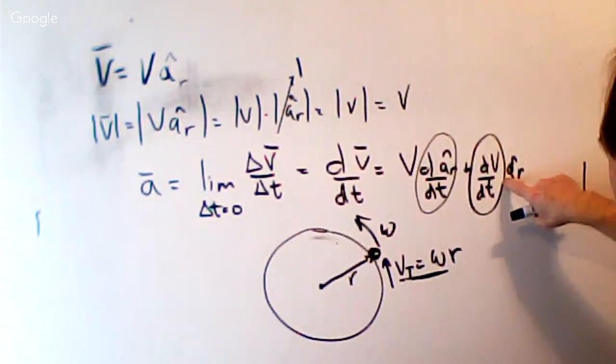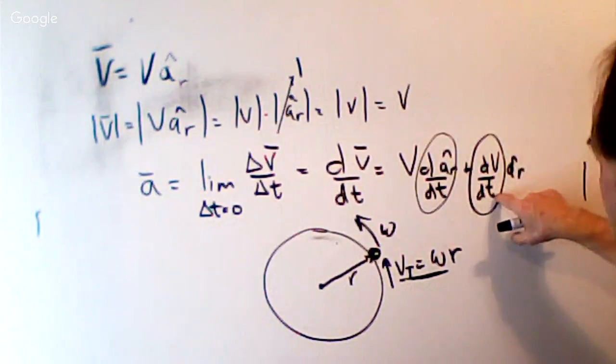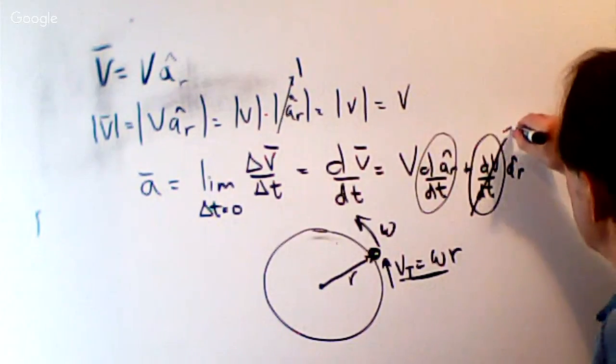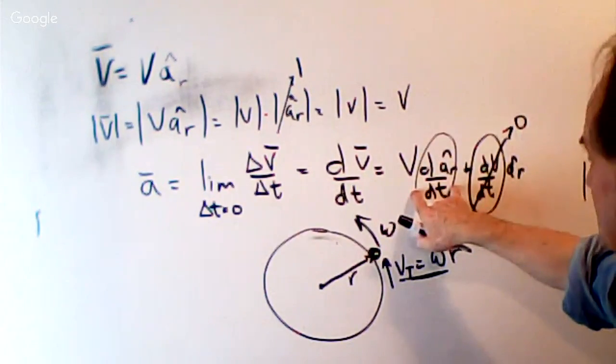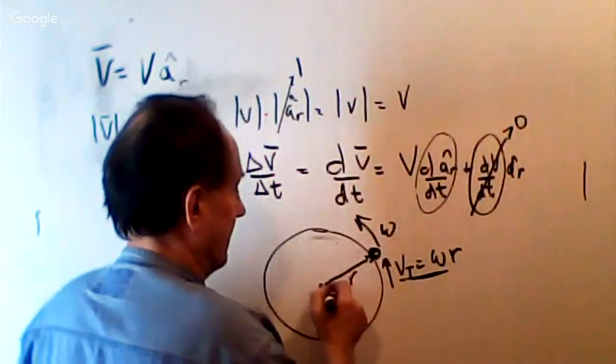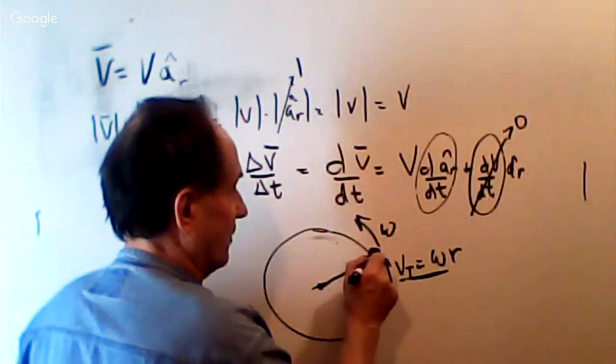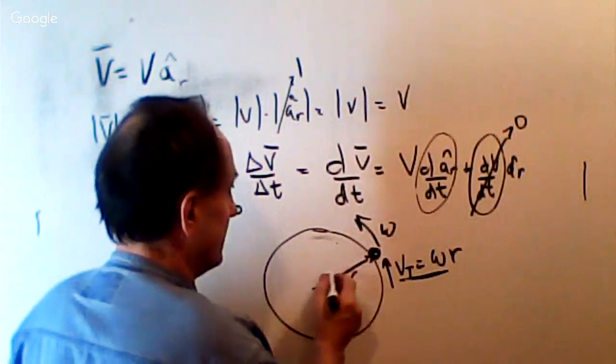So this portion goes to 0. The rate of change of the magnitude of the velocity with respect to time goes to 0, but this component does not, because the direction of the position vector going from the center of the circle to the rock changes.